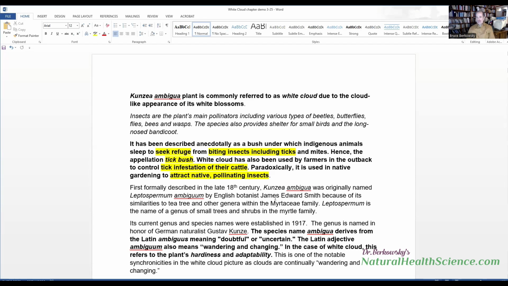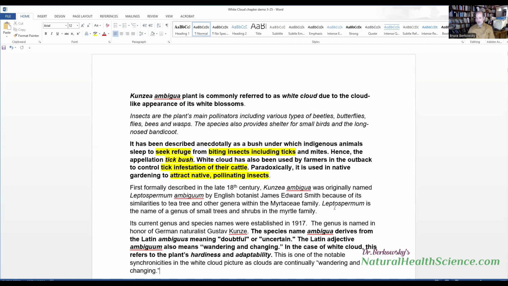So originally, Kunzea ambigua had a different genus name, Leptospermum, but it was still called ambiguum. And it was named by an English botanist named James Edward Smith. And it was called this because of its similarities to tea tree and other genera within the Myrtaceae, or myrtle family.